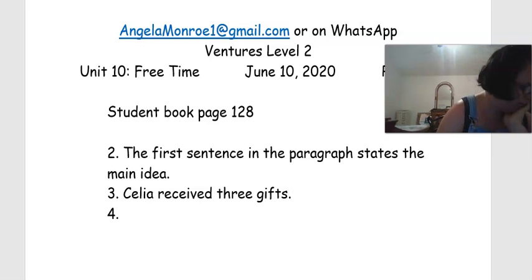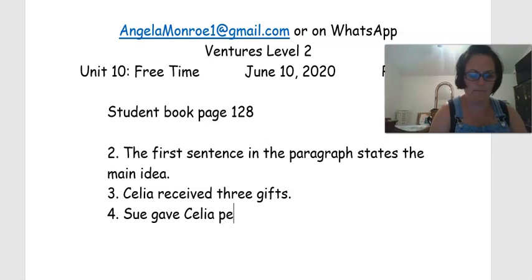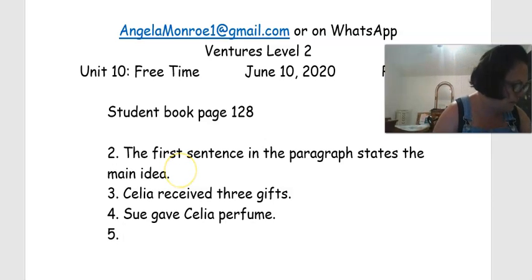Number 4. What did Sue give Celia? Sue gave, past tense, Celia perfume. Number 5. Who is an example of a relative in the paragraph?